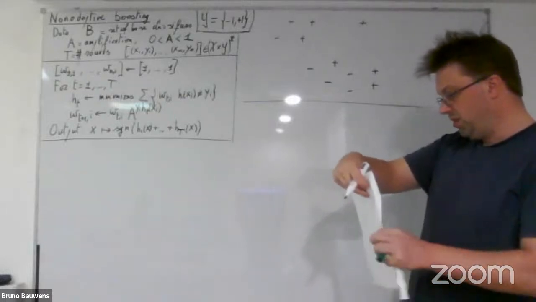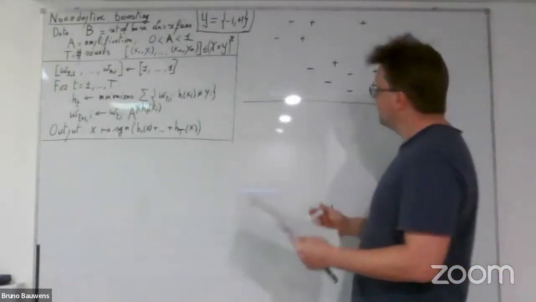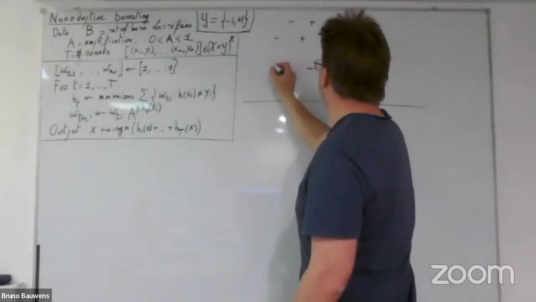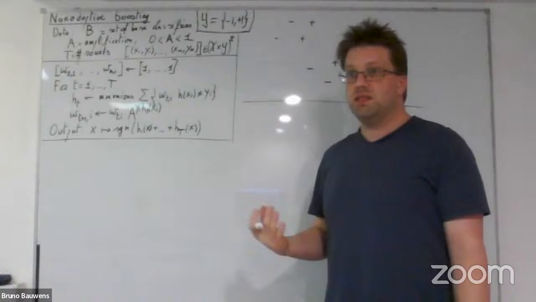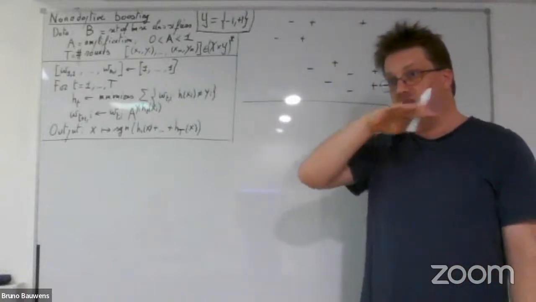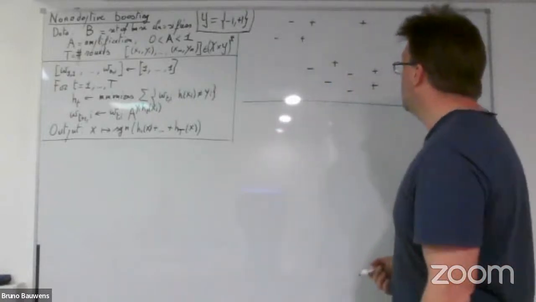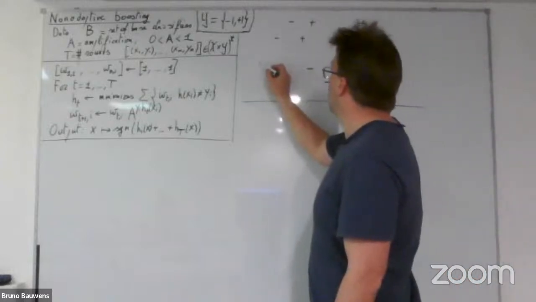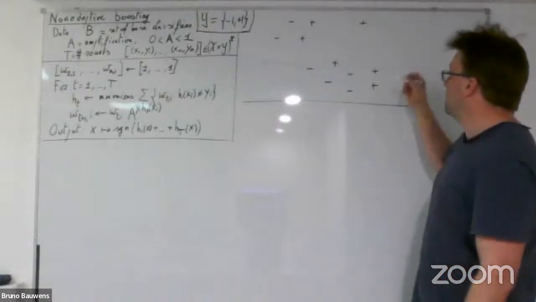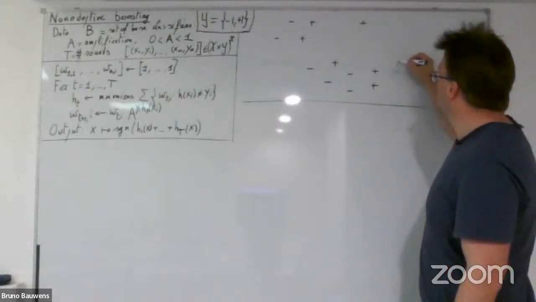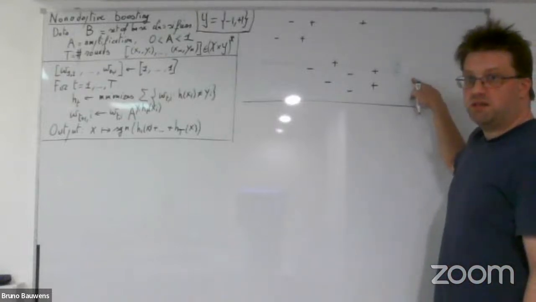What will be the set of base classifiers? It will be decision stumps, meaning horizontal and vertical lines. Here the best line makes only 2 mistakes, and that might be this line. So we predict minus here and plus here.